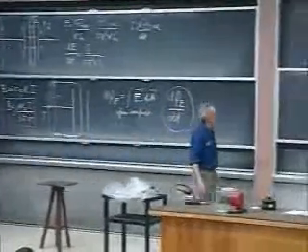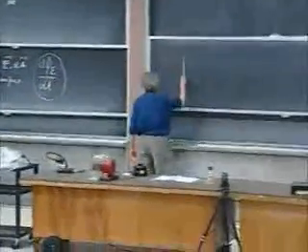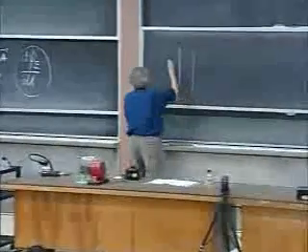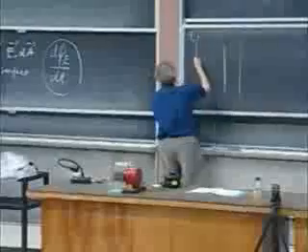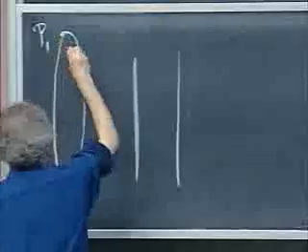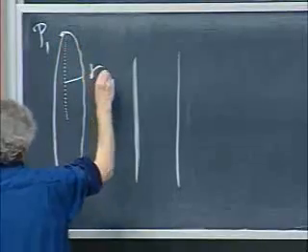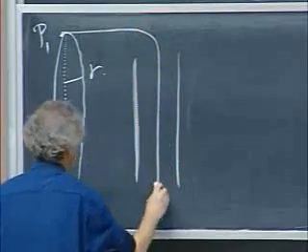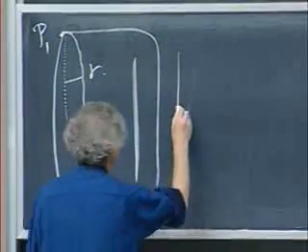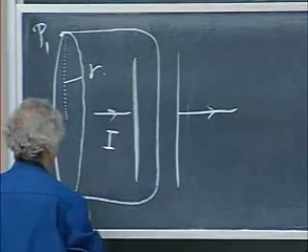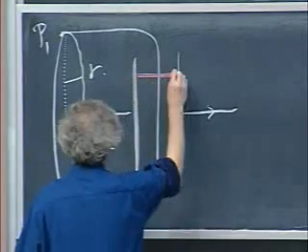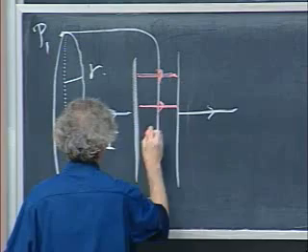And so I make a new drawing. We have here this point, P1. This is my radius, little r. This is my surface going right through here. Here's the current, I. And here is my changing electric field.